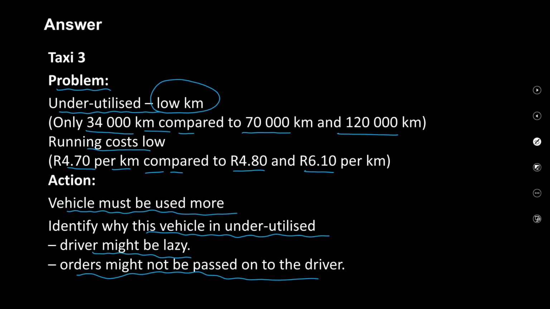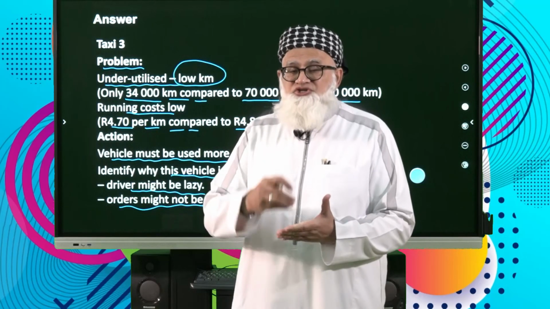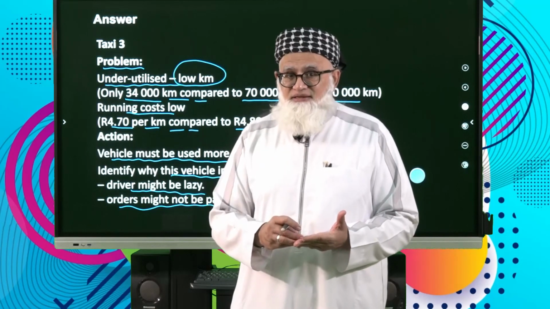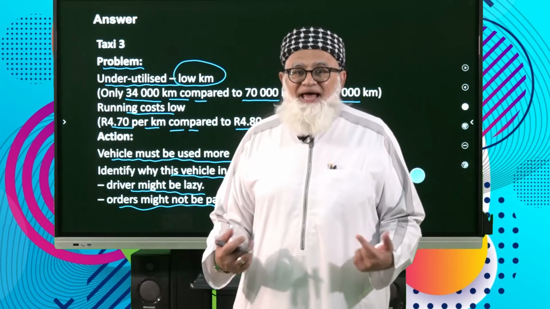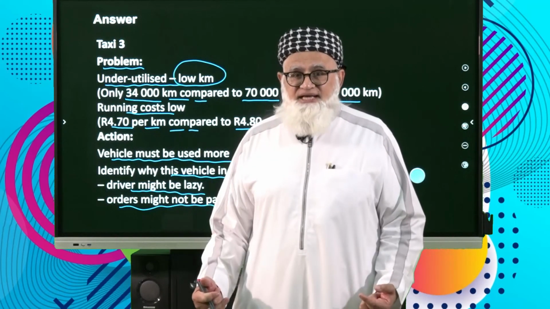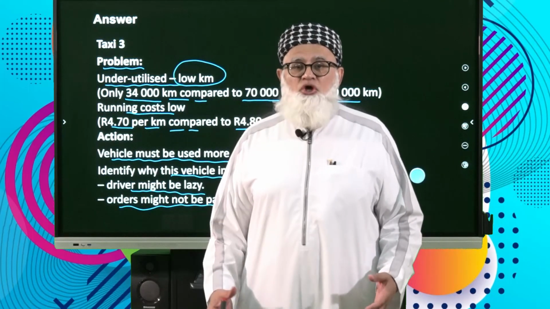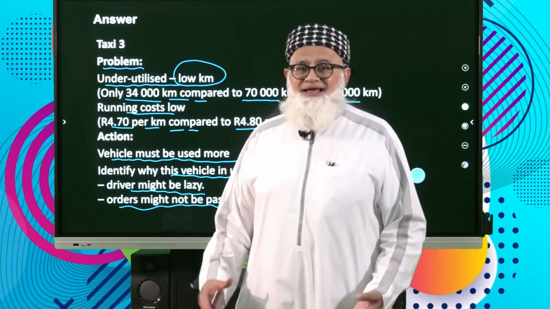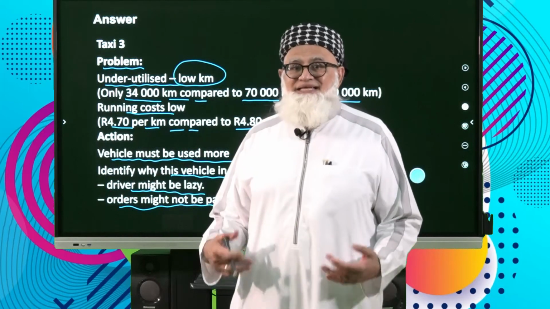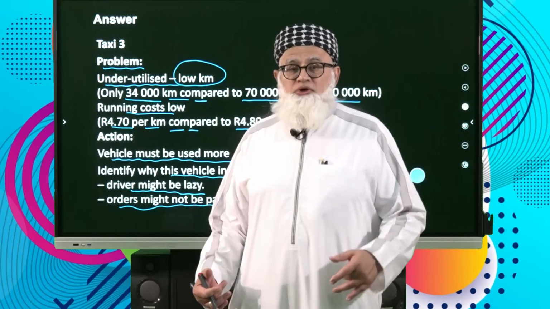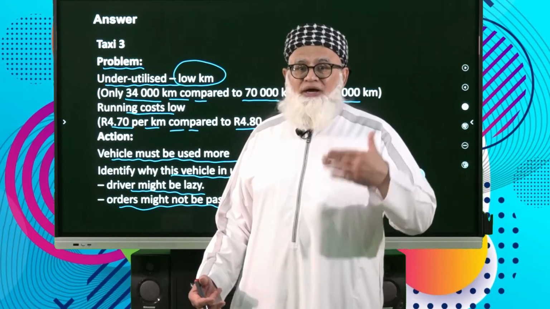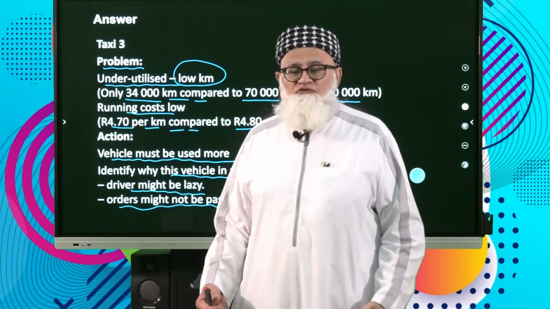So in other words, what are we saying here? You can clearly see the question relates to fixed assets and the utilization of the fixed asset. So one is where we do a question based on the calculations, and this type of question is an interpretive type of question where you are given information and you have to identify areas of concern.